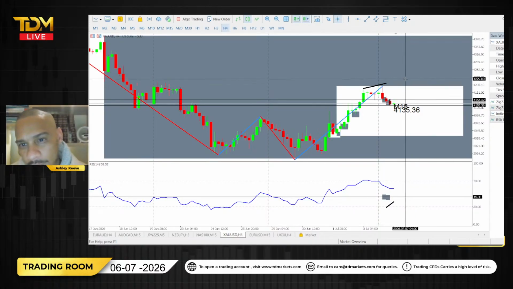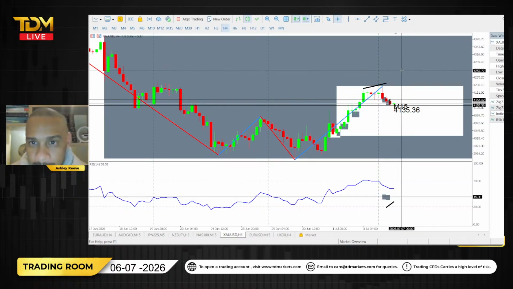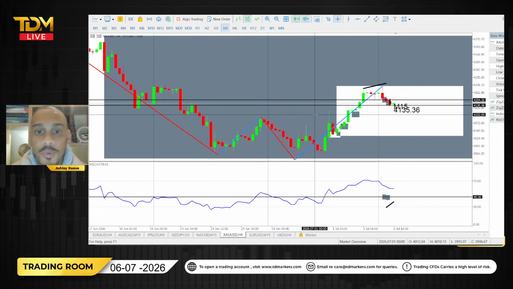I'll be studying the pullback structure very carefully tomorrow morning with you guys so you can see. If it pushes to the downside, I'll be studying a possible support area so I can get in and go a little bit higher. So that's what I'm going to be dealing with on the gold price.